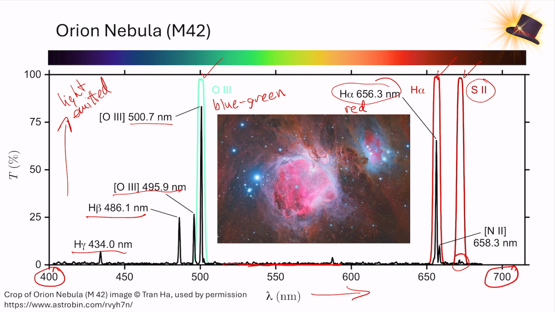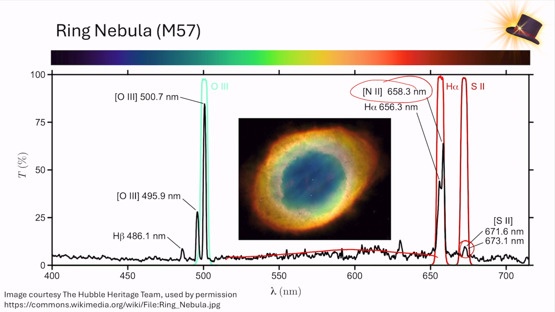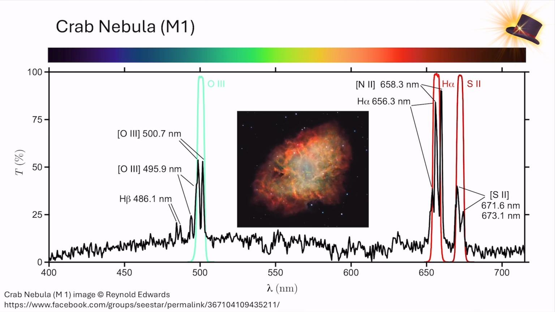So let me just point out, Orion Nebula is an emission nebula, is what we call it. The Ring Nebula is called a planetary nebula. It has nothing to do with planets. It's the remnants of a star that's pushed out its outer layers, leaving behind a little white dwarf in the center of the nebula. And the Crab Nebula is a supernova remnant.